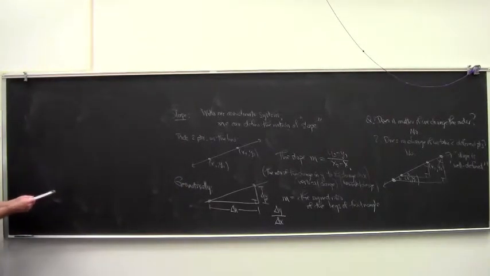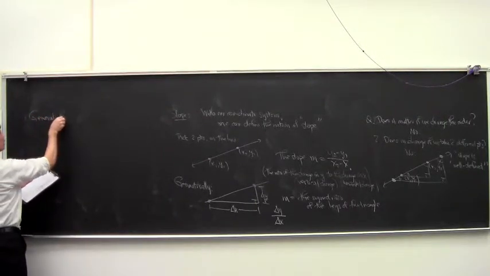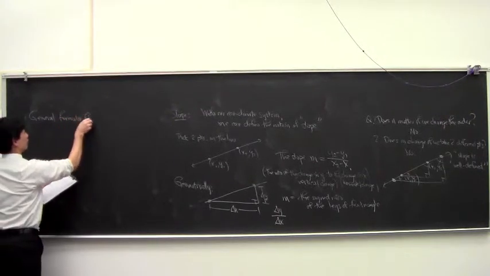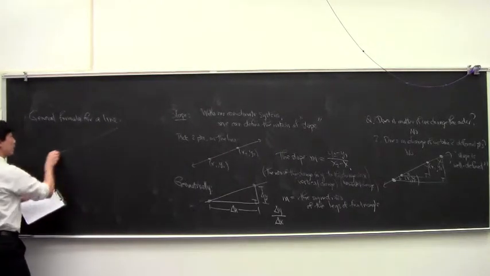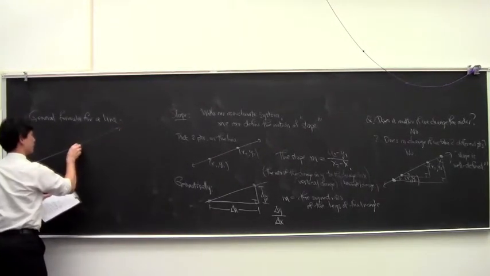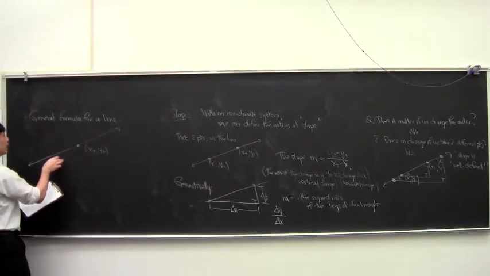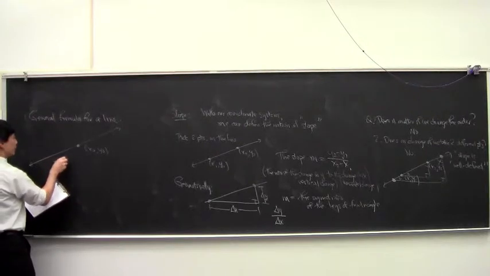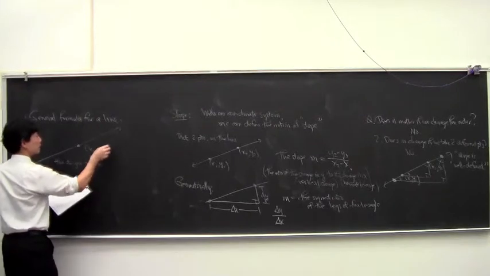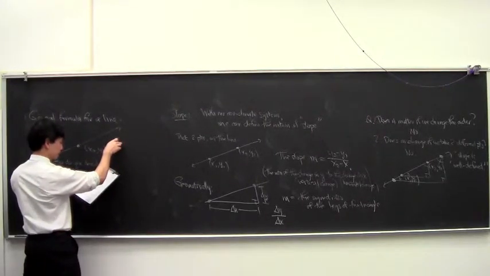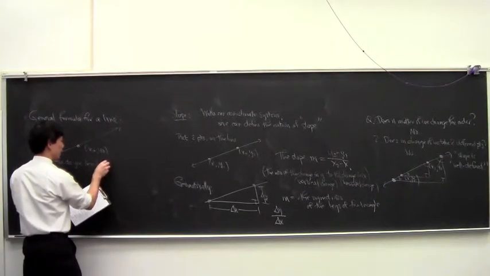Okay, so now let's talk about the general formula for a line. Somebody gives you a line and a point on the line, and says, how do you describe this line?